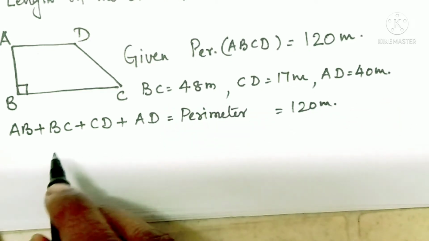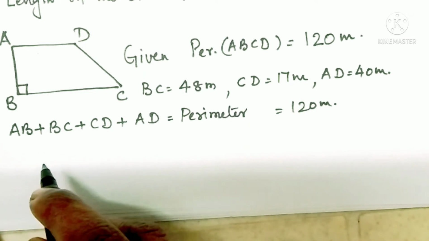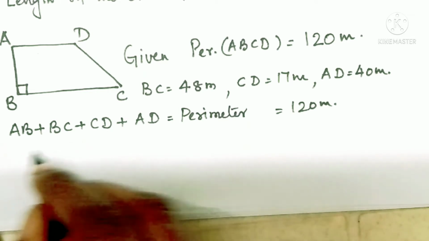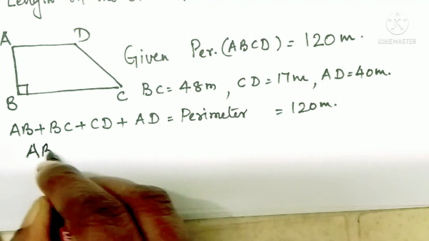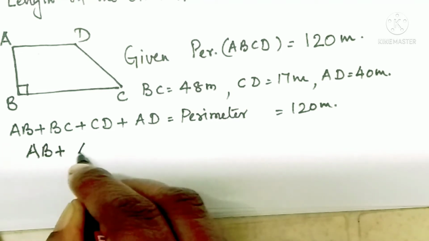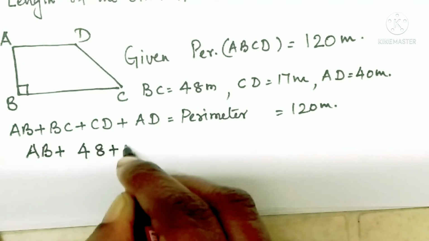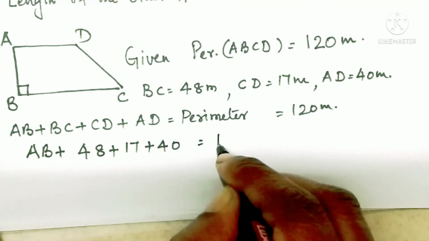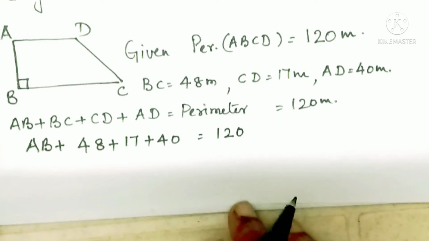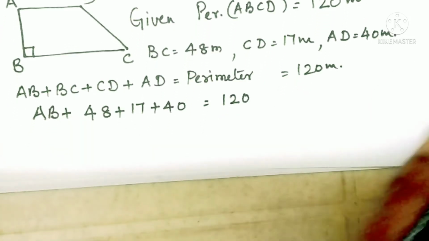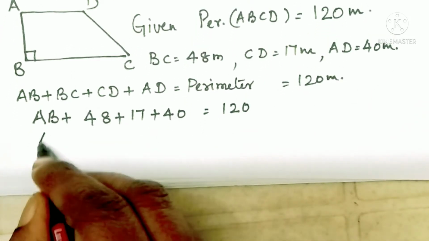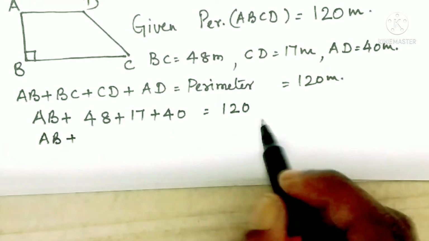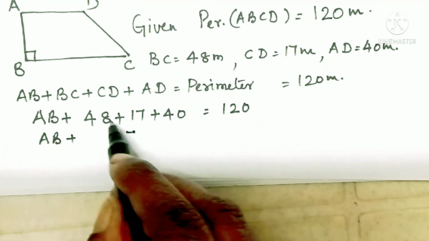So, let us first substitute. We do not know side AB, so we will keep it as AB. BC is 48, CD is 17, AD is 40 and the total is 120. So, let us add all these parts. What will you get? AB plus, let us add 7 plus 8.